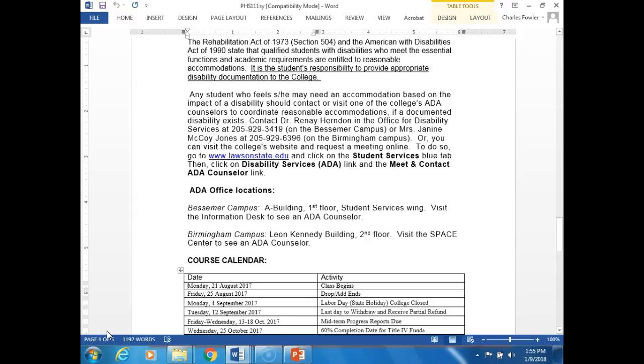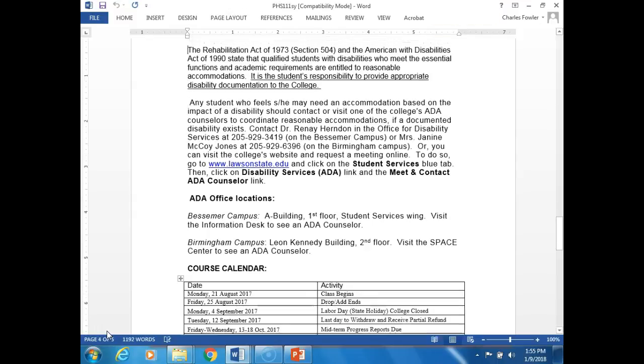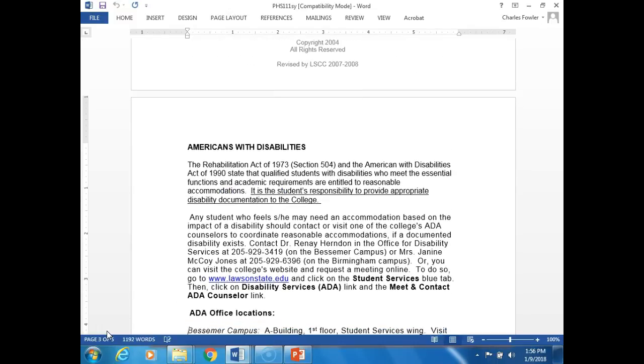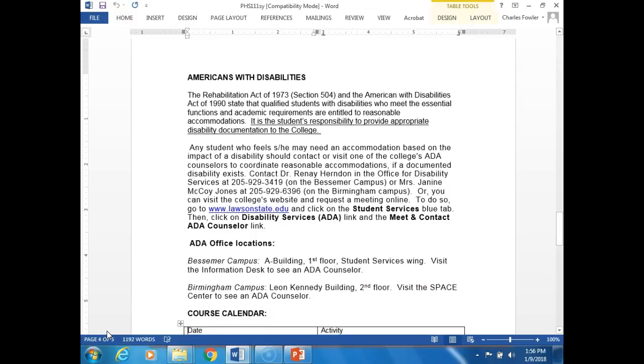Okay. This next one we also see on every syllabus, so I won't go into huge detail on it. It's Americans with Disabilities. These are federal laws, and there are probably state laws going with it. By the way, if you haven't noticed, I'm hard of hearing, okay?